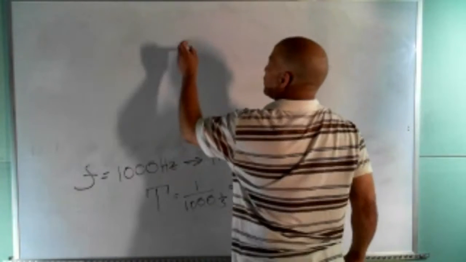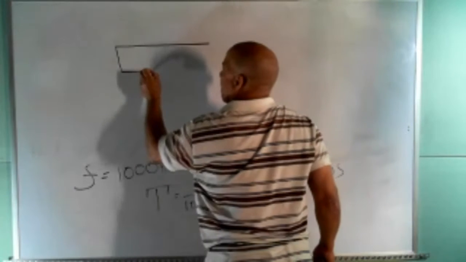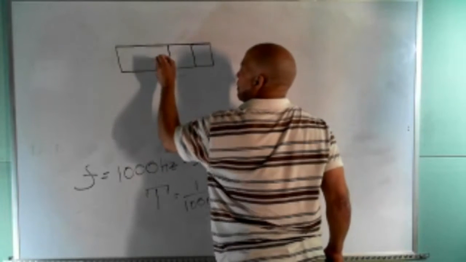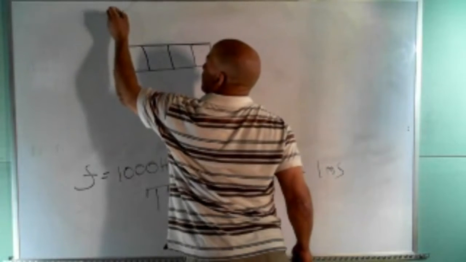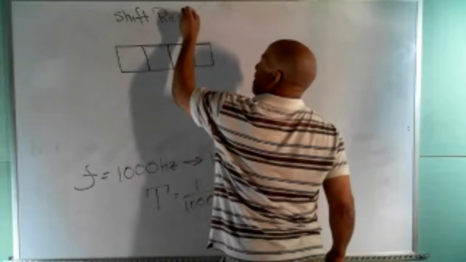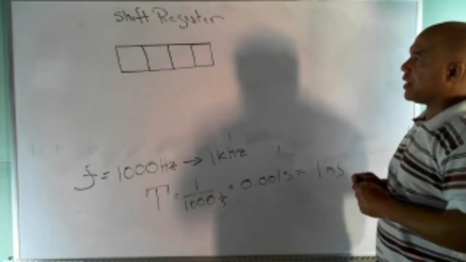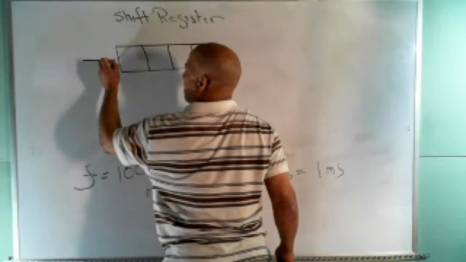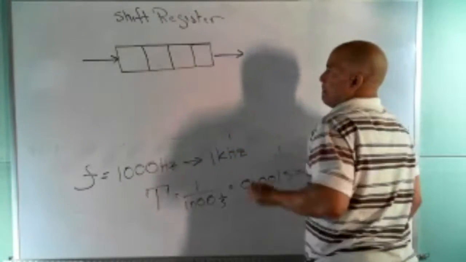So right here is a register, and I have these cells. So this is a shift register. I have a line that goes in, that's my input, and a line that comes out.